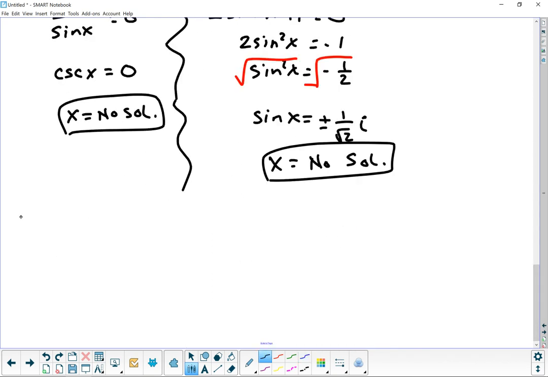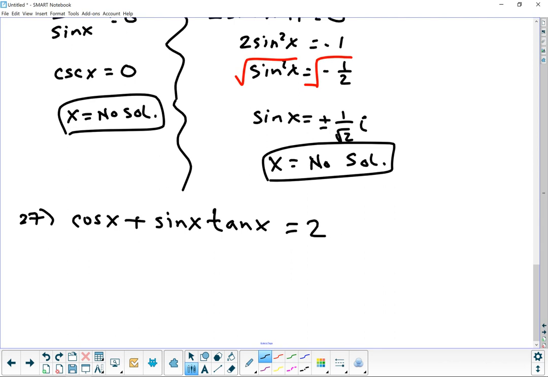So two more. 27. Yeah, I'll actually get a placeholder. Okay, 27 is cosine x plus sine x tangent x equals 2.